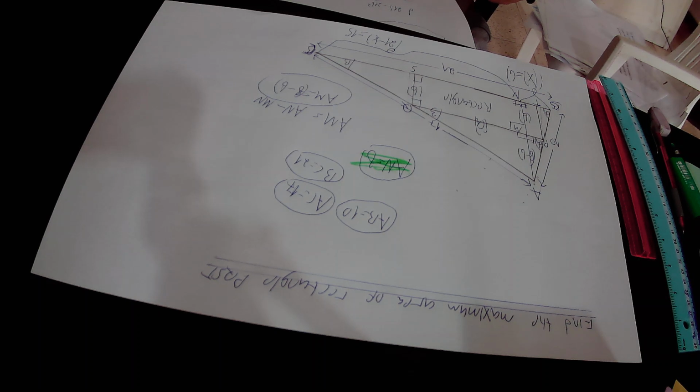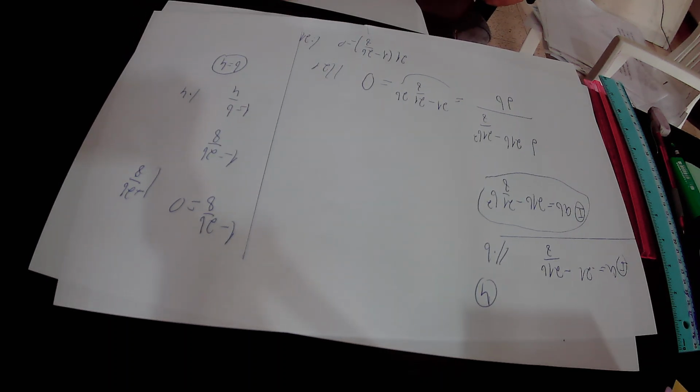Now, in order to verify that when b equals 4 we have a maximum extreme point and not a minimum extreme point, I actually draw the function.